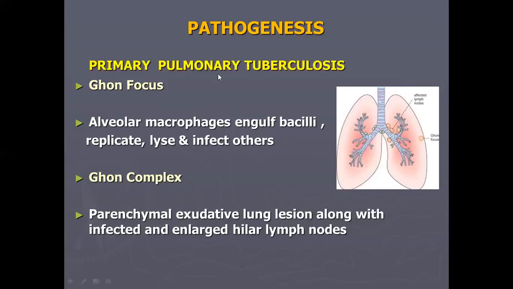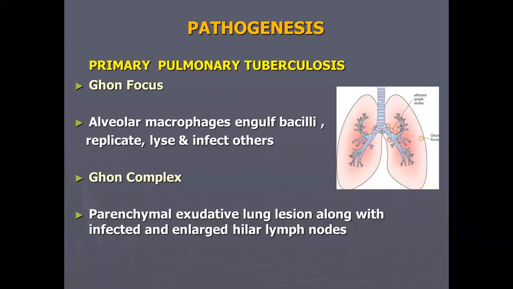Either the primary lesions can heal by fibrosis, or they can progress to lung disease, particularly in individuals who are HIV positive or malnourished, or they can lead to severe bacteremia and enter into what we call hematogenous dissemination. Now, everything that progresses has to progress through the Ghon focus.